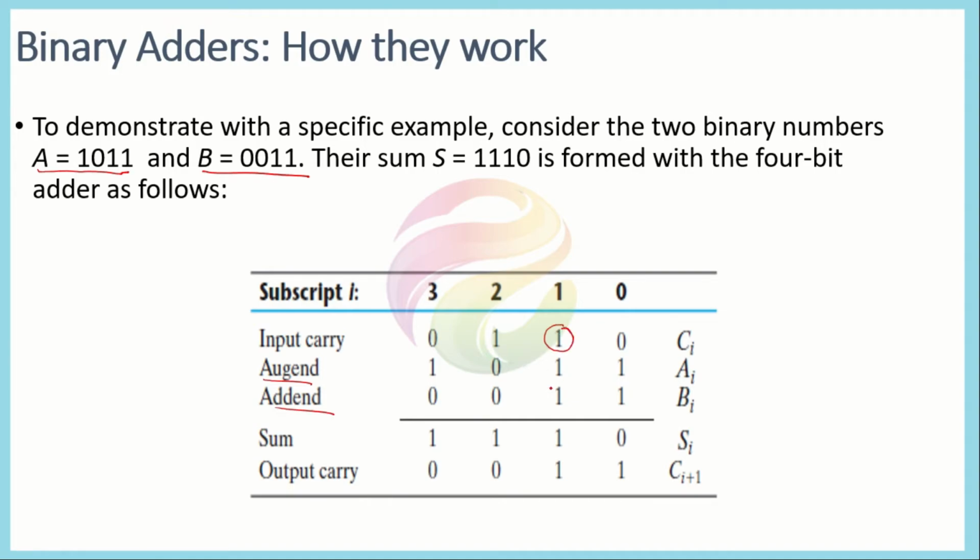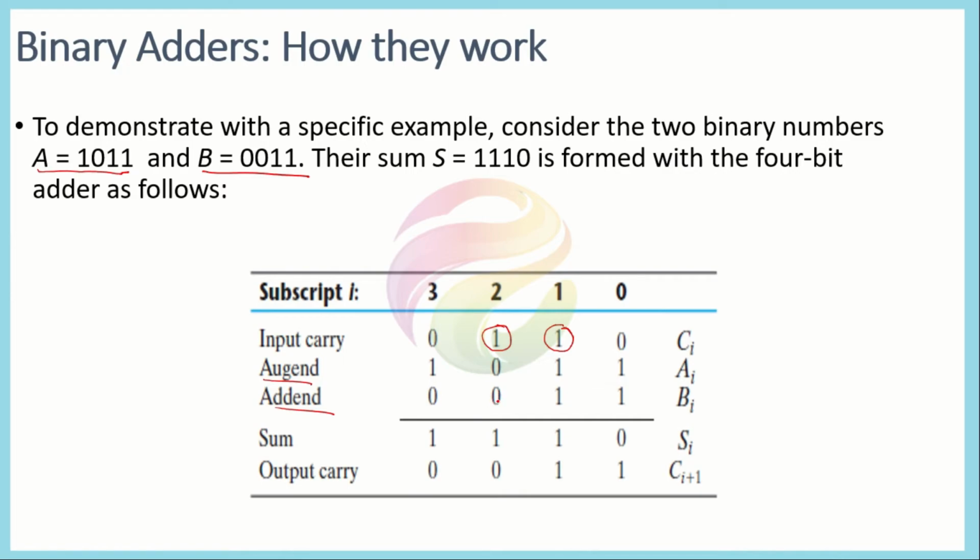And now we will move to the next column. In the next column, the A1 term is equal to 1, while the B1 term is also equal to 1, and we have a carry of 1 here too. So in this case, we have sum equal to 1 and carry also equal to 1. Again, this carry will be transferred to the next column. Now in this column, both the values of A2 and B2 are equal to 0.